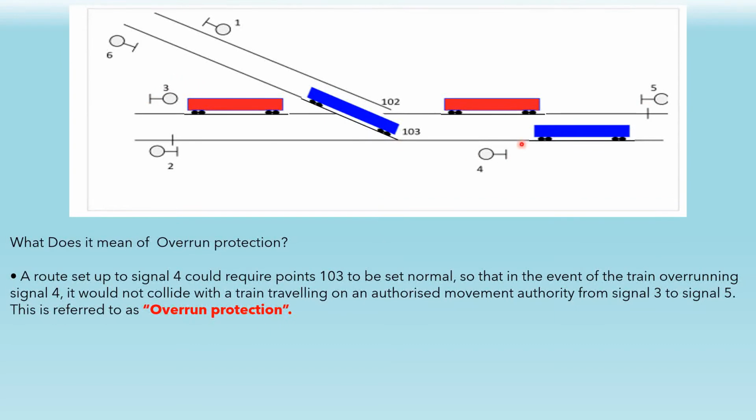So the protection here: when we set point 103 to a normal position, this means the train will move in this direction. If it overruns signal number 4, there is no movement of the train in the wrong direction that can cause any collision with the authorized movement for the train between signal 3 and 5.